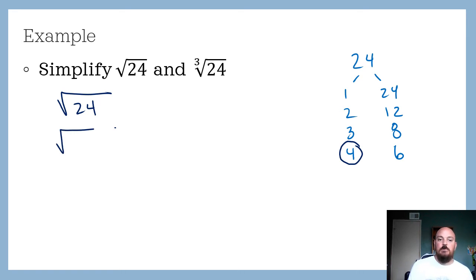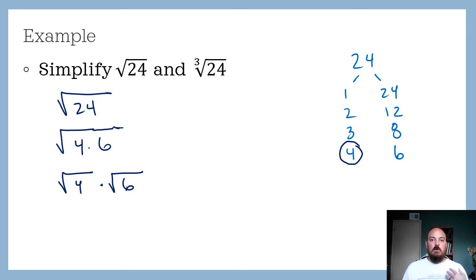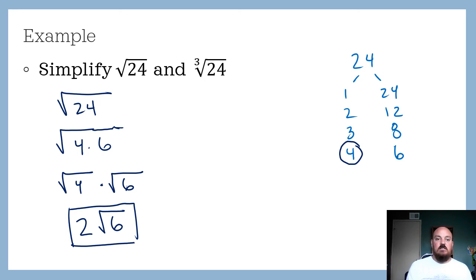I'm going to write my 24 as 4 times 6, and split it up into 2 separate radicals, the radical 4 and the radical 6. And then remember, the 4 is a perfect square, so that simplifies. The square root of 4 is 2, and the square root of 6 is the part that doesn't simplify, so we leave that in our answer. So our simplified answer for the square root of 24 is 2 radical 6, or 2 times the square root of 6.